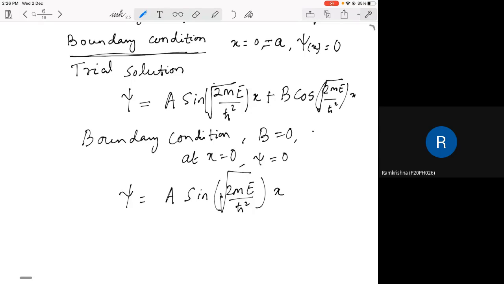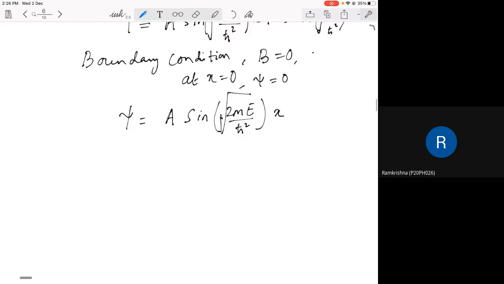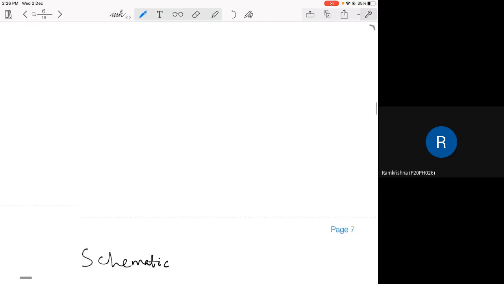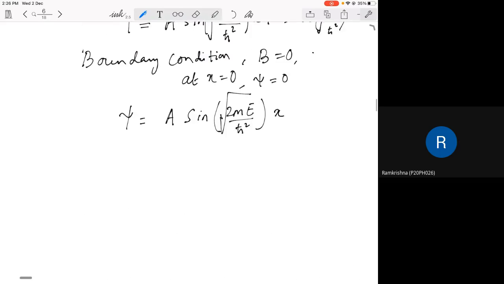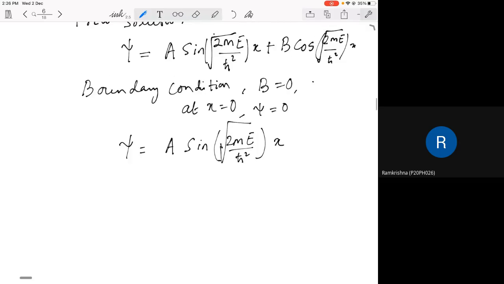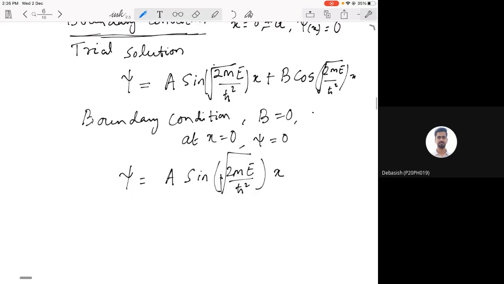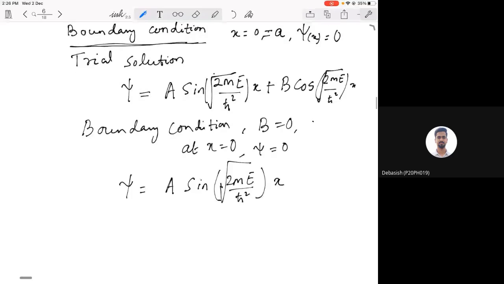Then what are the energy states? How do I find the energy eigenvalues? By putting this back into the equation.